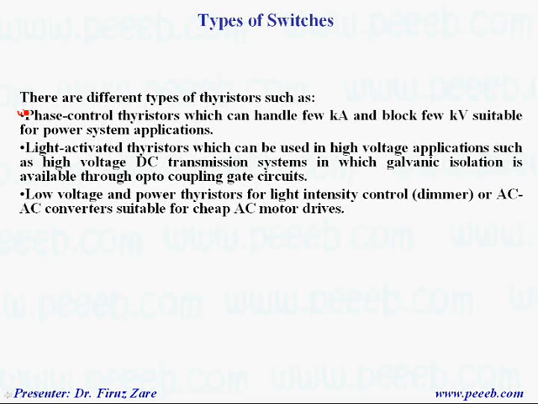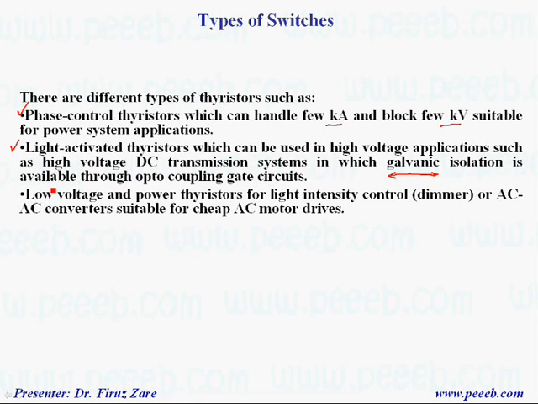The phase control thyristor is a good switch to operate at very high power, very high current, and very high voltage. That's why we can use this type of thyristor in power system applications. The next type is the light-activated thyristor, which can be used in high voltage applications as well, because we have galvanic isolation and we don't need a special gate drive when they operate at high voltage.